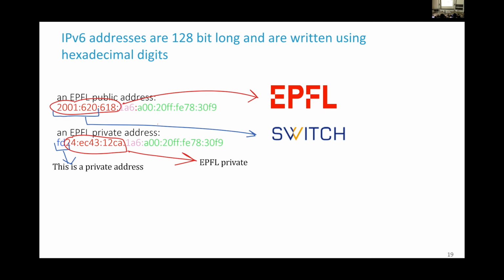With IPv6, a California router will have only a prefix saying all of this goes to SWITCH, because in order to go to EPFL, we must go to SWITCH first. But SWITCH has a certain number of IPv4 address blocks that are not contiguous, so they cannot be aggregated into one single prefix. Yes? There should be 4 numbers in each column, but for example, the 620 refers to 0, 620, or 0.